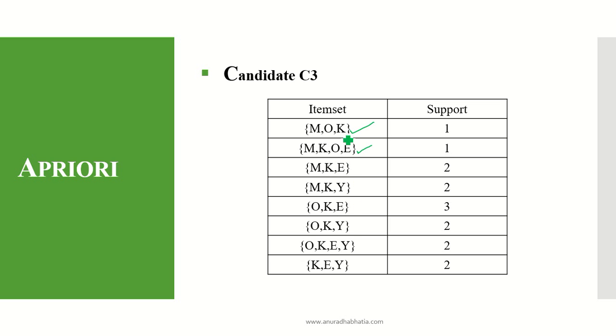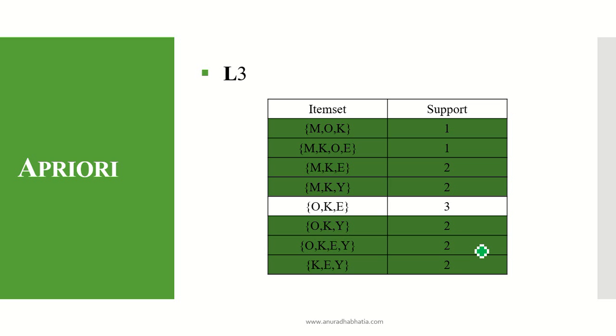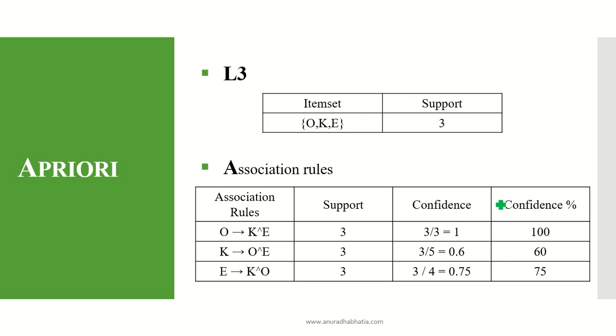MKE, MKY, and this is how it is formed, and we check whether these are present in our transaction table, and its support is shown over here. After we find the candidate C3, we see its support. Those less than 2.14 have to be rejected. So in the end, we are only left with O, K and E.